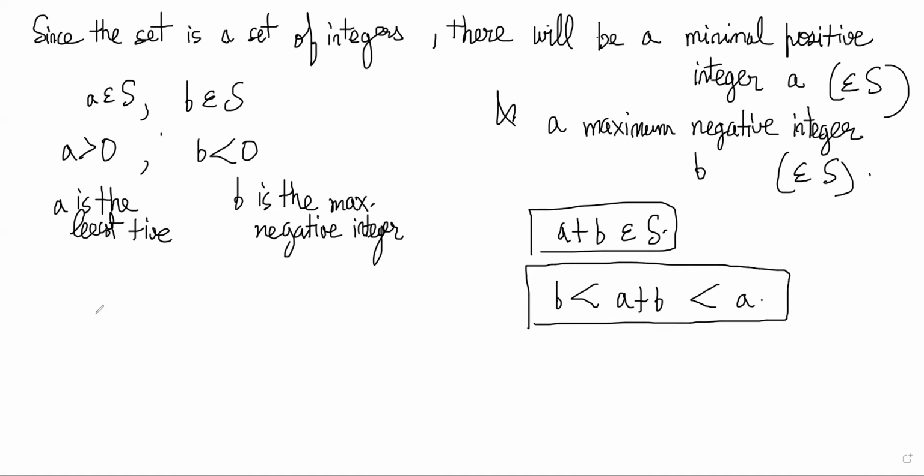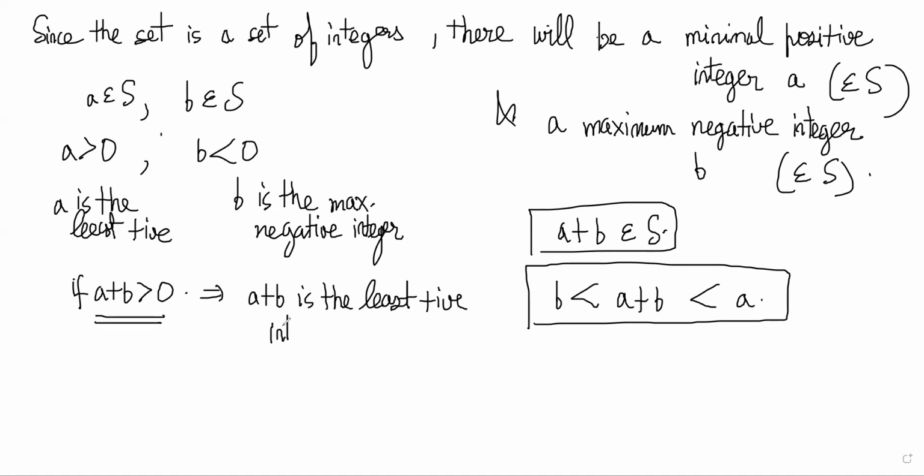If A plus B is greater than 0, then A plus B is less than A, and A plus B is the least positive integer belonging to the set. But that is not possible. That is a contradiction because we have assumed that the minimum positive integer is A. So this is not possible.